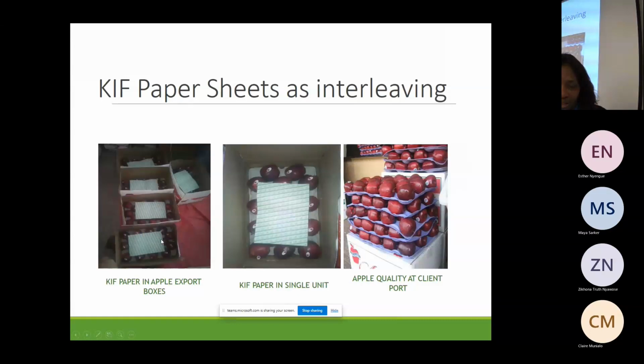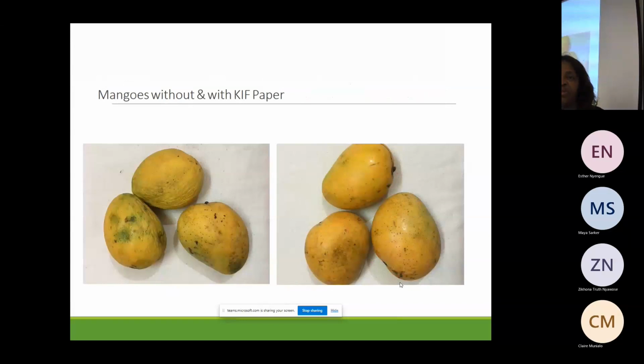So here, this is the pepper in apple export boxes. This one is single-use units, and this one here in a client pot where they're being piled together, and then they can put in those interleaving sheets that they use.